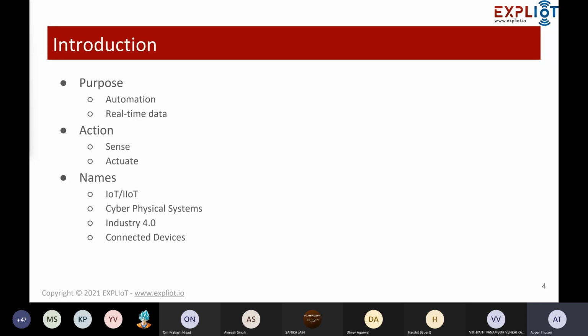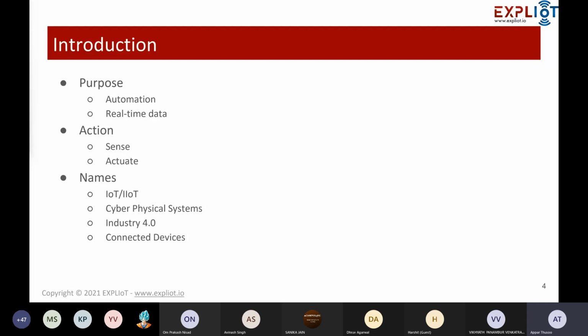IoT has been given different names. It is called IoT. It is also called IIoT when it comes to industries like industrial IoT or the automation industry. I'm talking about the heavy or manufacturing industry. So there it is called IIoT.